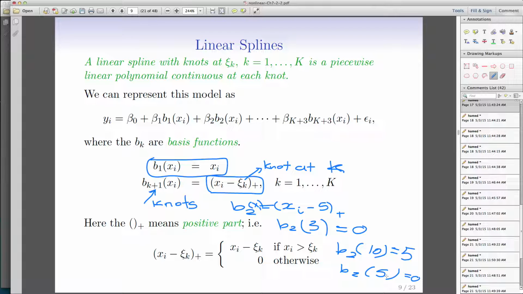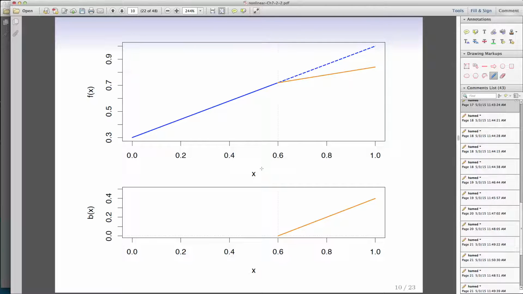So in essence, they look like something like this. There's 0 before it, and then they go up at 45 degrees. And here is their knot. So that is the simple linear spline knot. So for every knot, we will add that, and let's see how it will look.